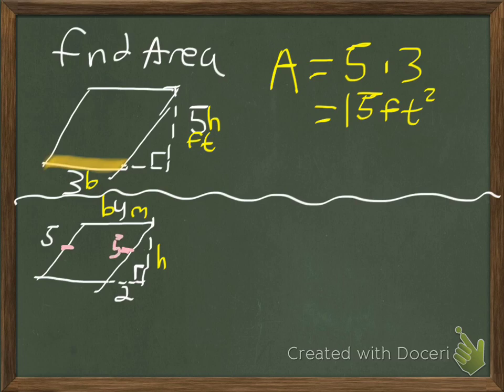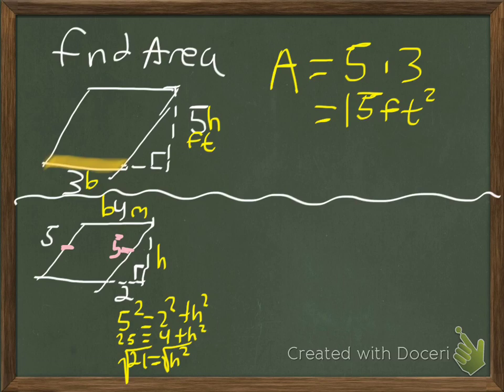I have sides of a right triangle. 5, the hypotenuse, squared should be equal to 2 squared plus h squared. So 25 equals 4 plus h squared. 21 equals h squared, taking a square root on each side.